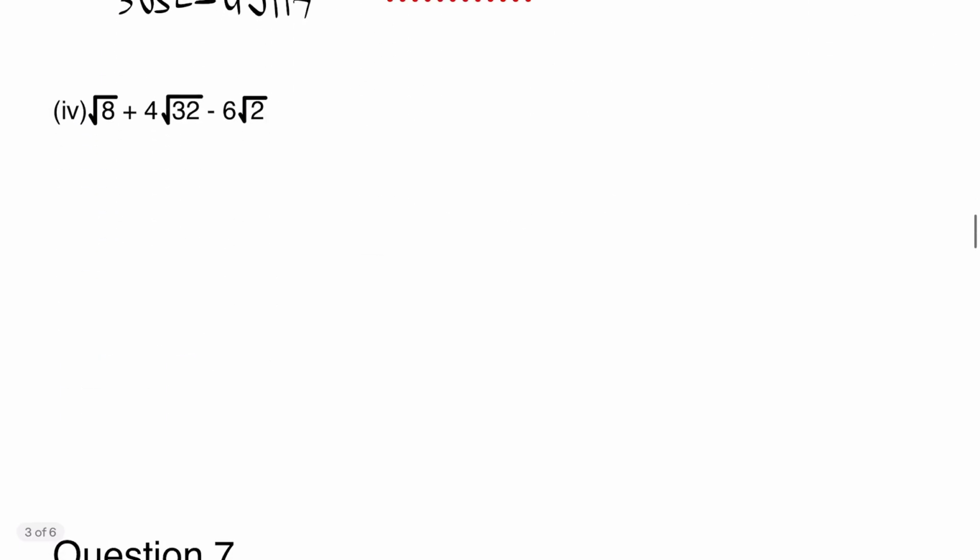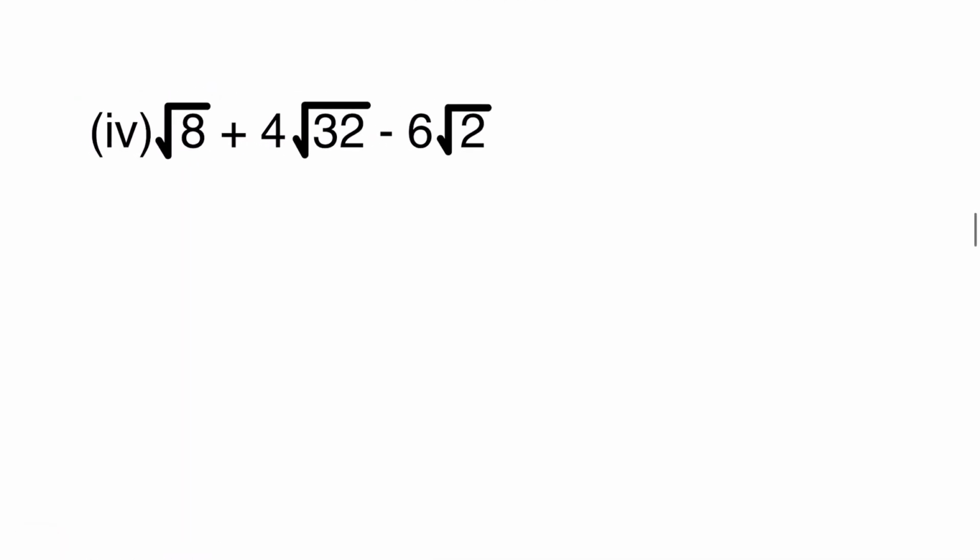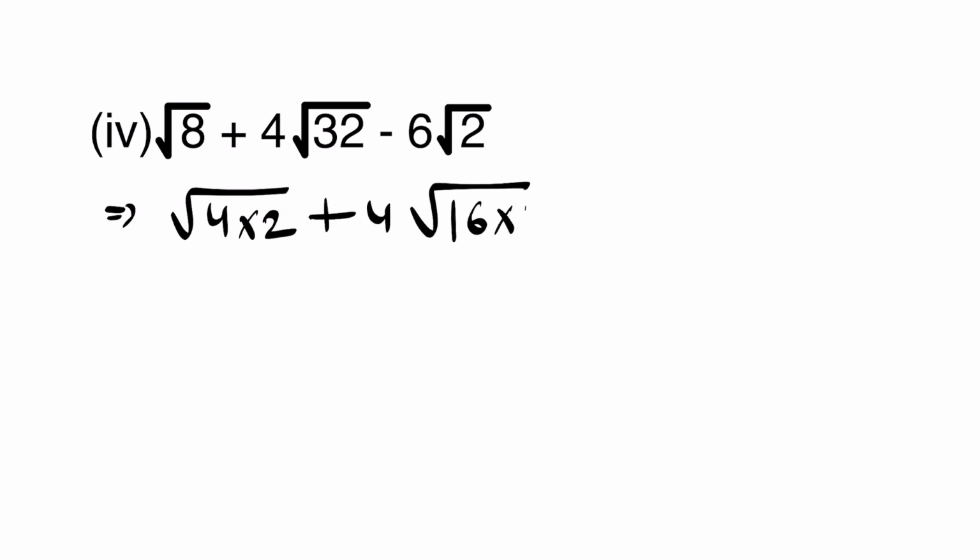Next question is root 8 plus 4 root 32 minus 6 root 2. So again arranging, we can write root 8 as 2 root 2, or we can write it as root 4 into root 2, plus 4 root of 16 into 2, minus 6 root 2.